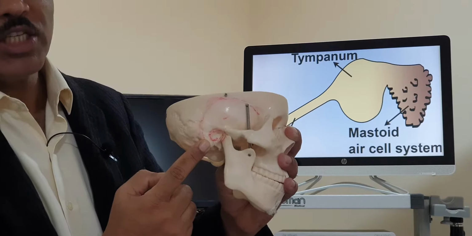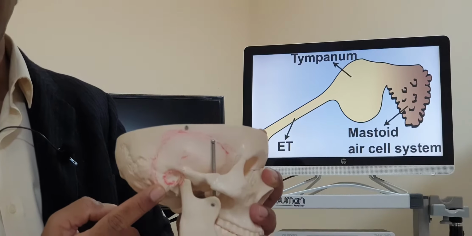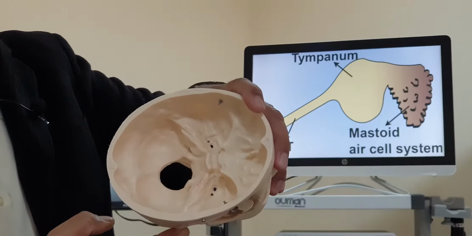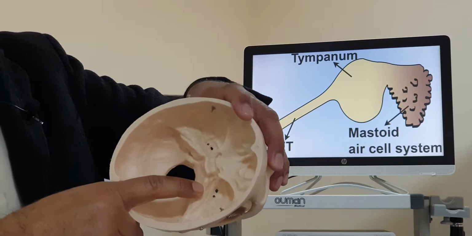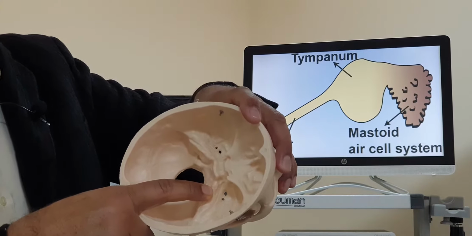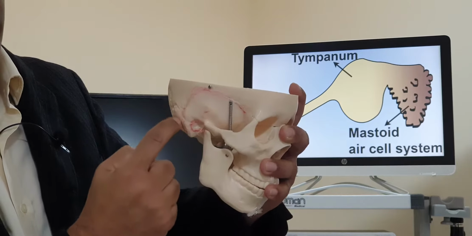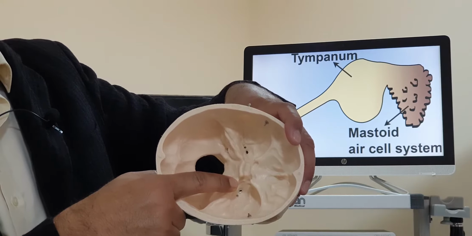So when infection spreads from this mastoid, it goes inside and can involve this part. This part is called the petrous part of the temporal bone. This whole part is called the temporal bone, and this is the petrous part of the temporal bone.